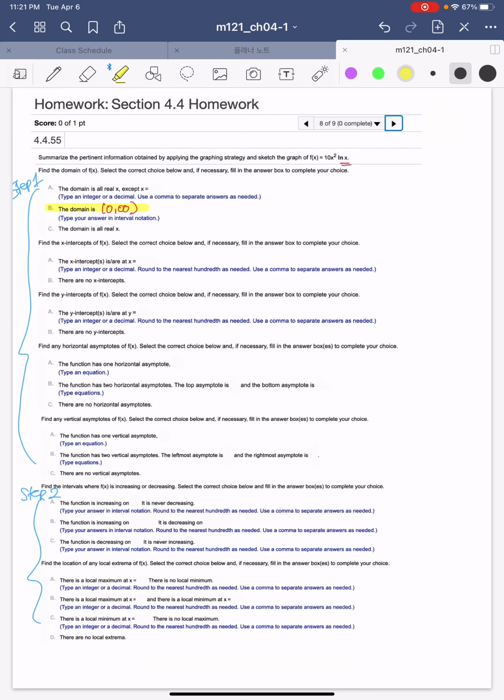X-intercept, so we are going to let y equal 0. If I let y equal 0, then 0 equals 10x squared times ln x. I can divide by 10 because that's a constant. So 0 is equal to x squared times ln x. By zero product property, I can set one factor equal to 0 and the second factor equal to 0. If I square root, I'm going to have x equals 0.